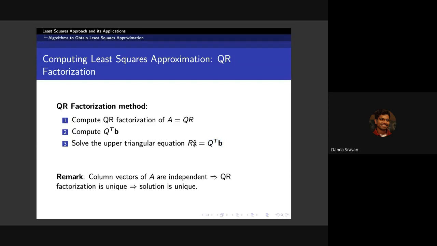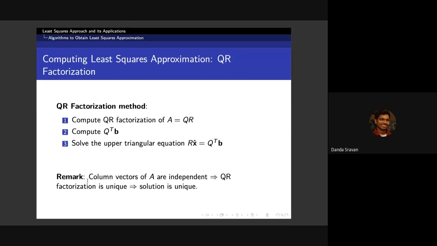Since R is upper triangular, it's easy to solve this system. I start with the bottommost equation, which is an equation in just one variable, and keep going from bottom to top, substituting the values I get, and then I get the complete solution. This is one way to do it.